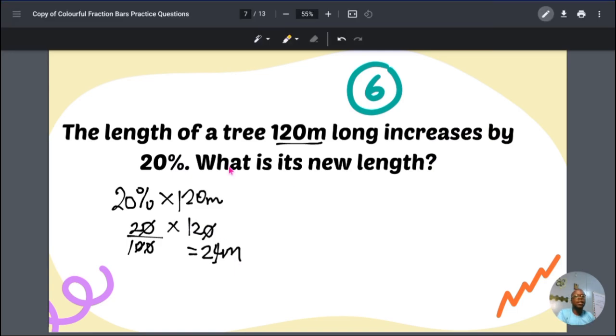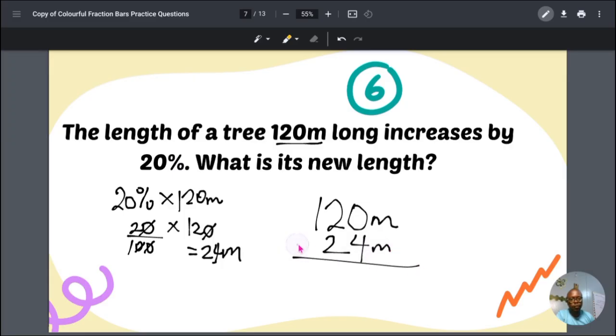So the new length is going to be what the tree has as the height before, 120 meters, plus the extra 24 meters that was given. So the new length of the tree is going to be 144 meters.